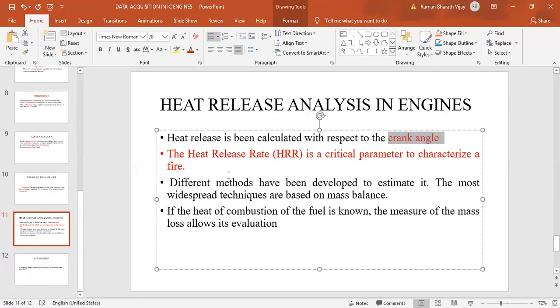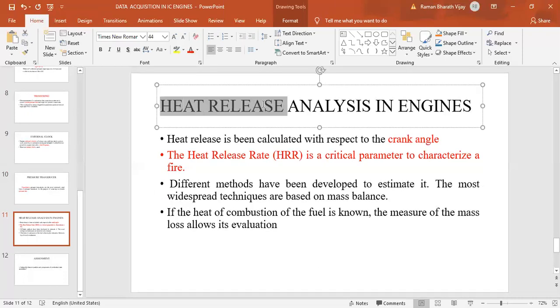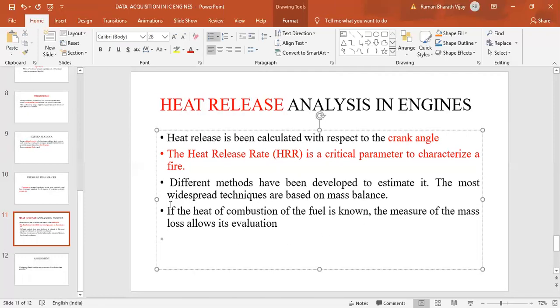If you measure the mass loss, then you can arrive at heat release. So if you want to measure the heat release, you measure the mass loss, and it gives you the value of heat release. There is also a separate graph, which you can study and analyze.